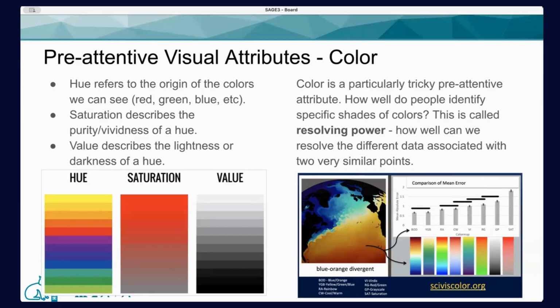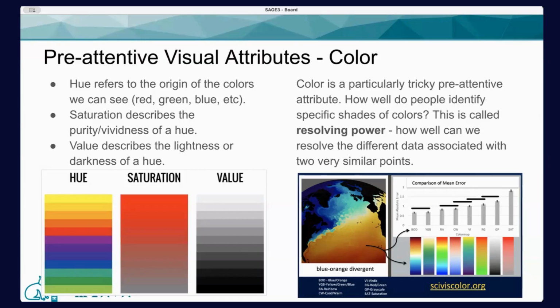Probably not. Likewise, if you have these gradients of saturation, are you going to be able to tell the different levels of saturation apart? Probably not, right? So the level of resolving that you can get from this kind of scale should really affect what you choose for your visualization.